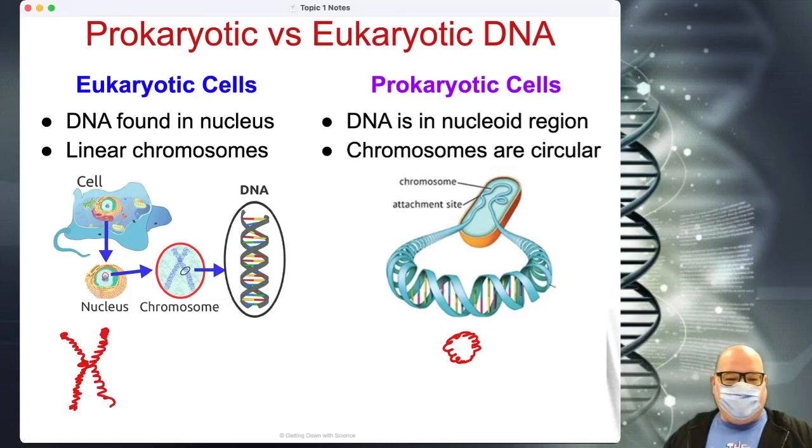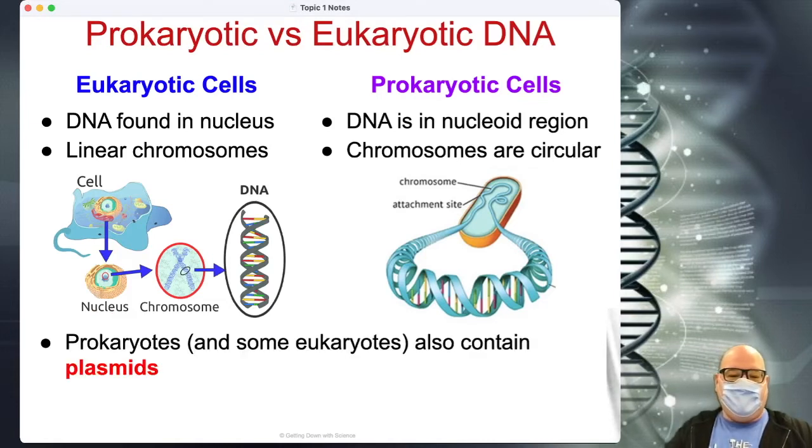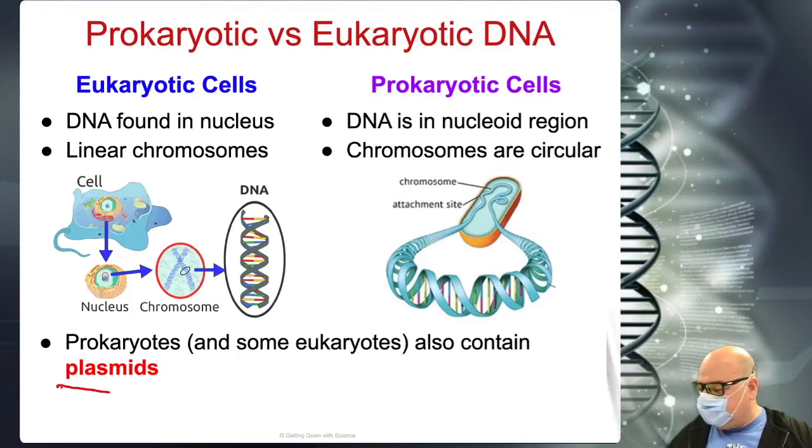All right. Now, DNA doesn't spend most of its time in chromosome form. That only shows up when it's reproducing. We also see these things called plasmids.